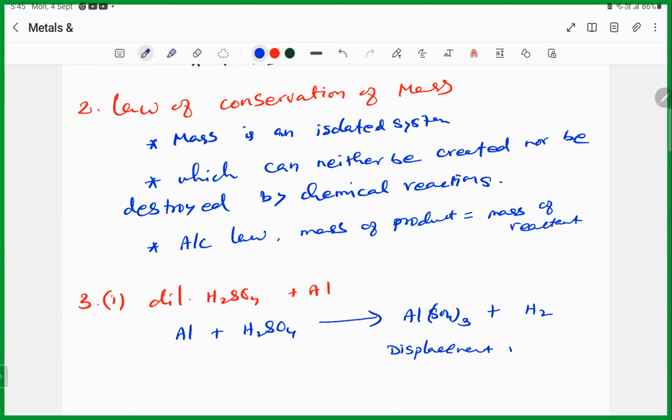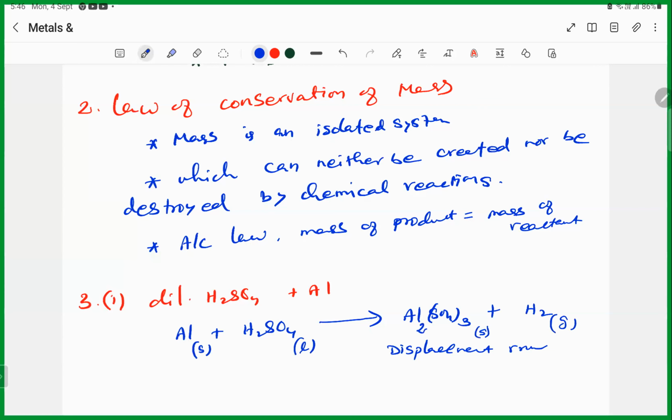Yes. So aluminum is a solid, sulfuric acid is a liquid, and Al2(SO4)3, aluminum sulfate, is a precipitate, and then hydrogen gas.